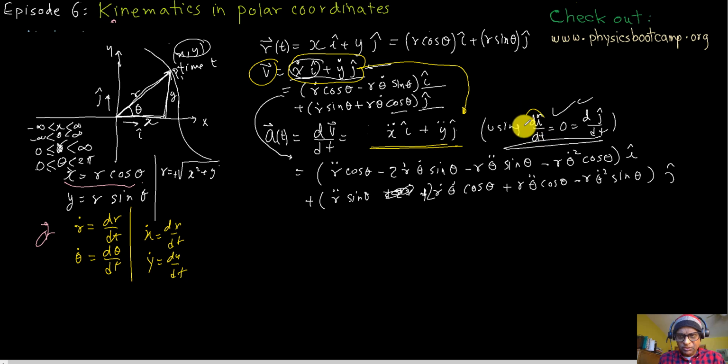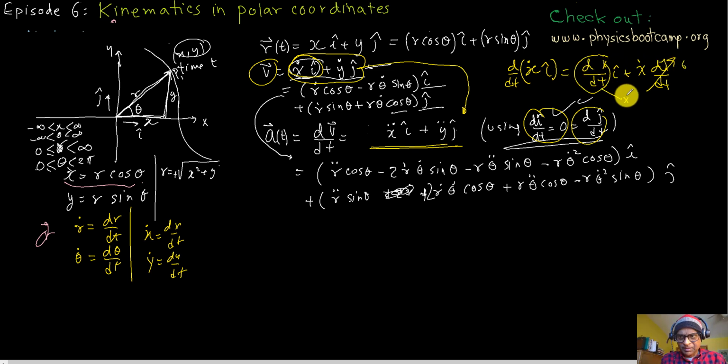Again, each of these terms, if you look at d/dt of x dot i hat, you distribute and get dx dot/dt i hat plus x dot di hat/dt. Now this is 0, and this is just x double dot i hat. So that's where the first term comes from.